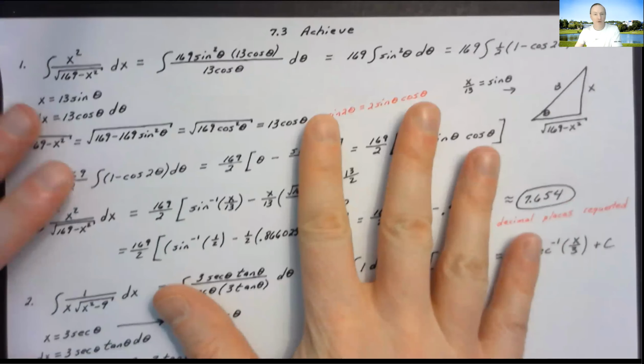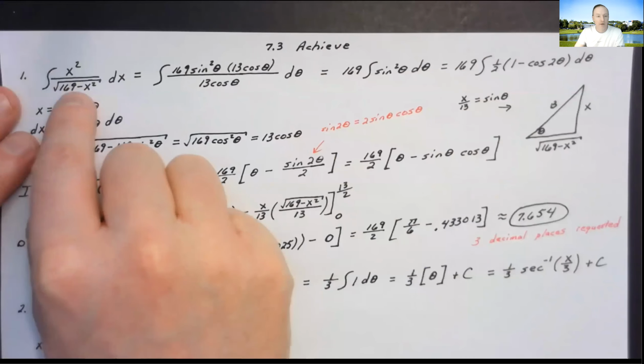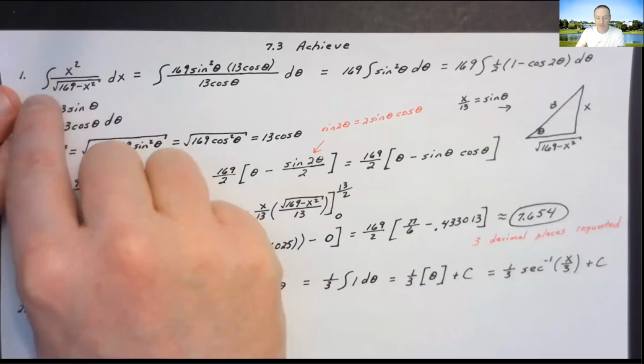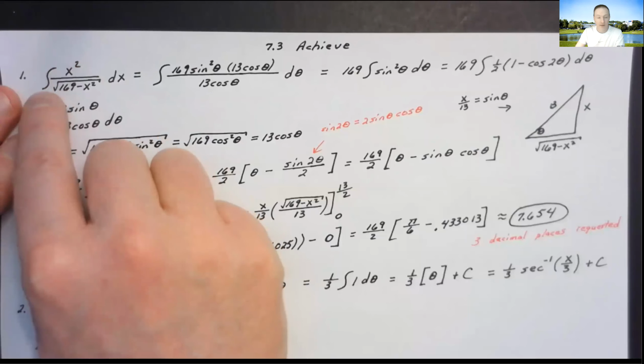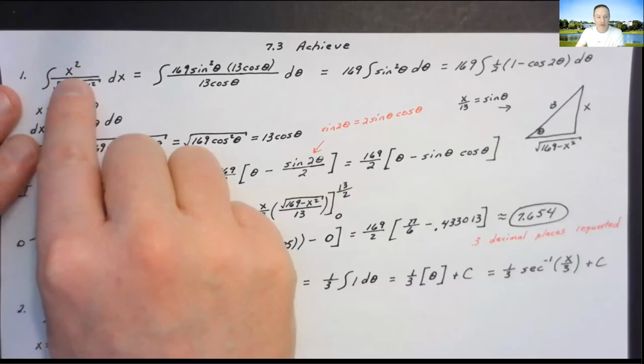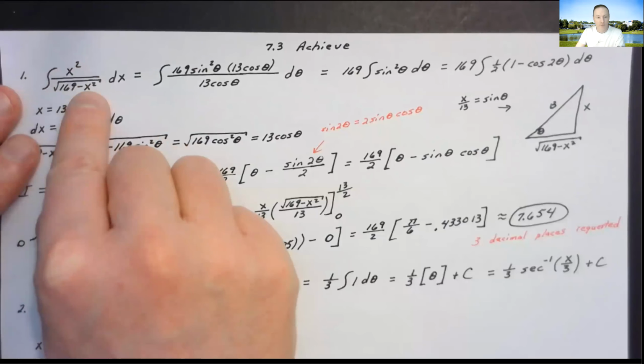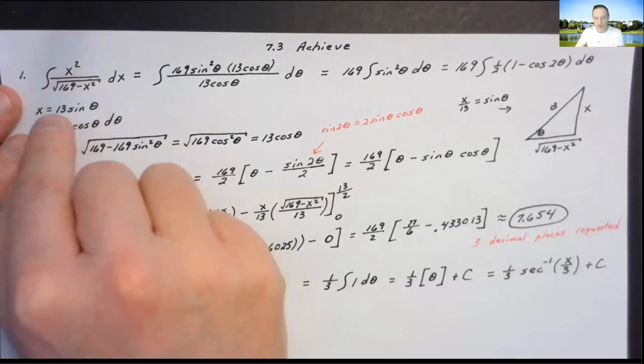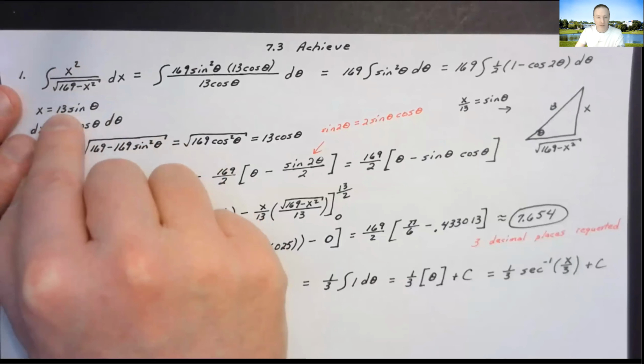All right, so in this problem I went ahead and just worried about the indefinite integral first. I didn't want to worry about the limits of integration from the very onset of the problem. So I'm integrating x squared over the square root of 169 minus x squared. Their suggestion for the substitution was the correct one.